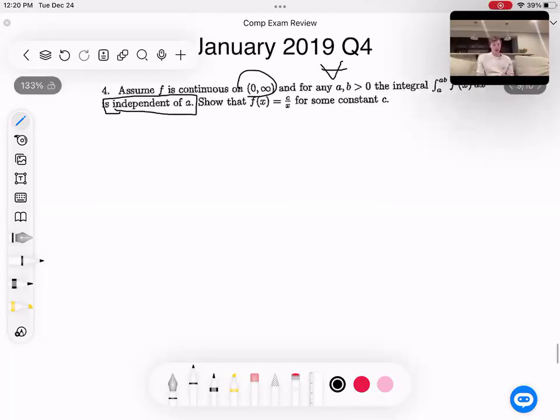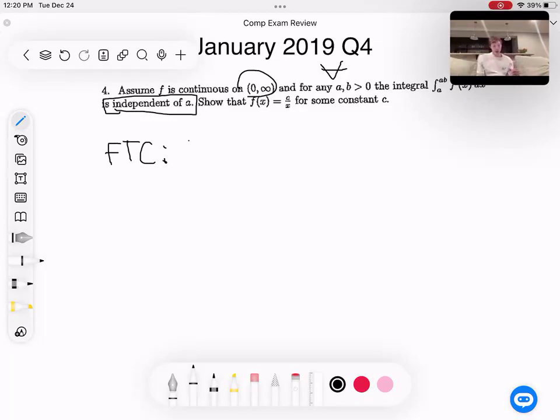So we're going to use a very important theorem, namely the fundamental theorem of calculus, or the FTC. And there are two parts. This is what I like to refer to as the first part of the fundamental theorem of calculus, although, as you probably know, different textbooks mix the two up.